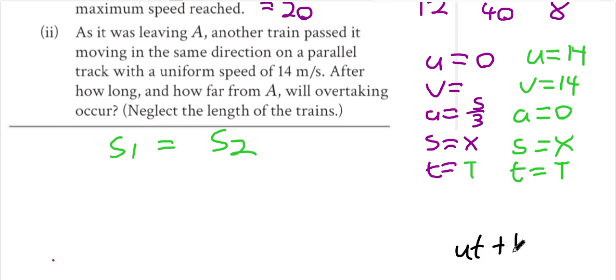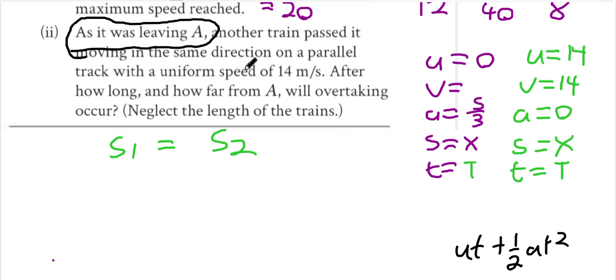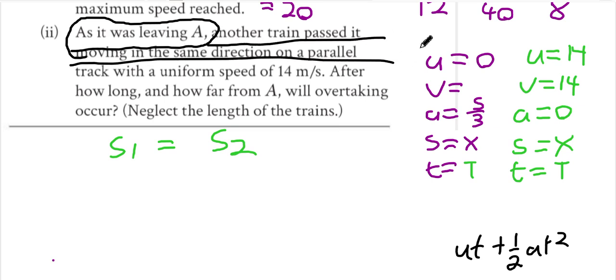Student: The two t's are equal, but since you have different speeds, wouldn't they cover the distance in a different time? As it was leaving A, it's the same starting t value. They're traveling for the same amount of time.